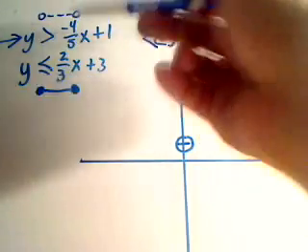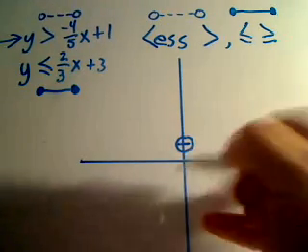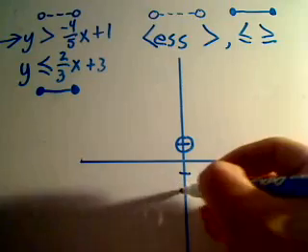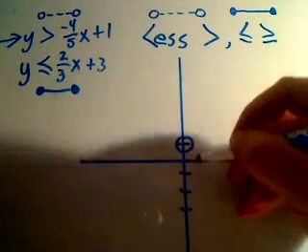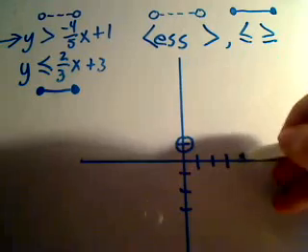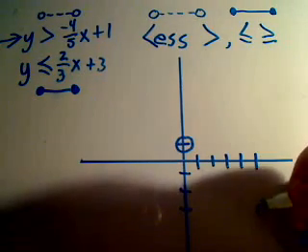I'm going to make my circles big so you can see them. Then I'm going to go down 4 to the right 5. So 1, 2, 3, 4, and then over 1, 2, 3, 4, 5. And yeah, I'm just going to guess.